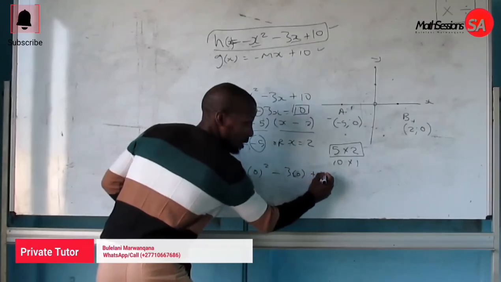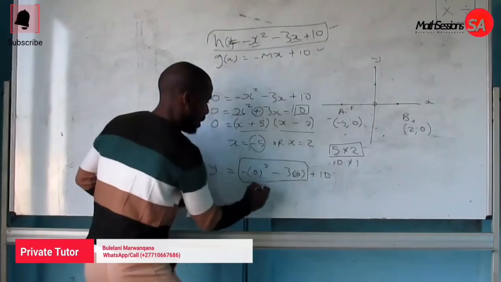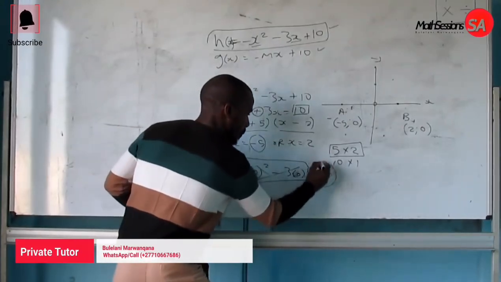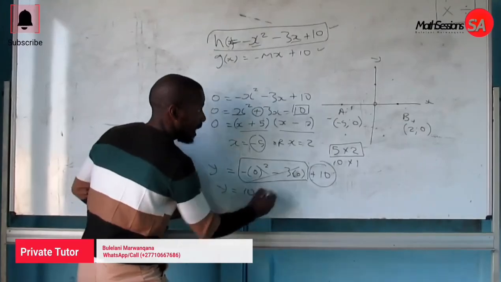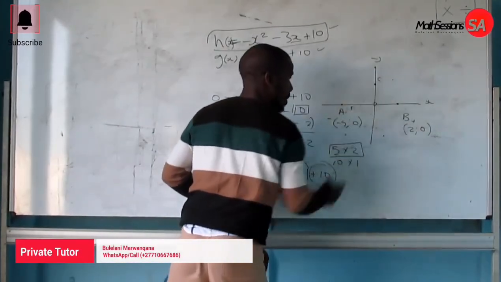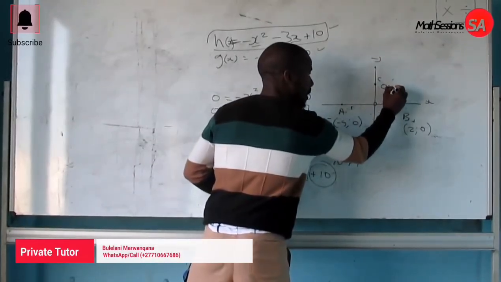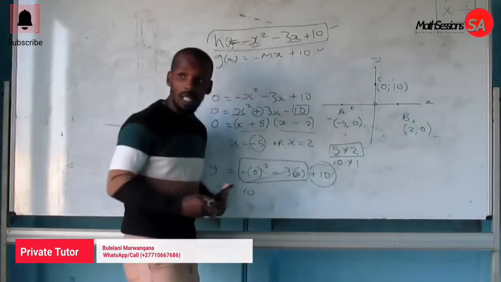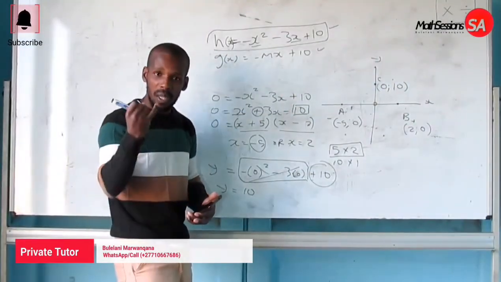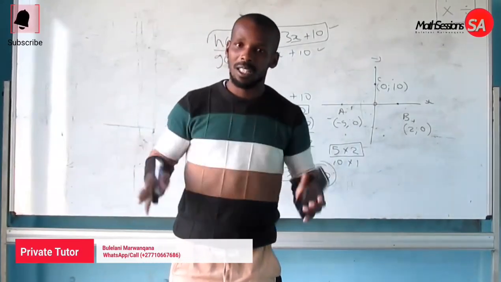If you punch your calculator, the first terms cancel and you are left with a positive 10. So y is equal to 10. Therefore, our C has an x that is 0 and a y that is 10.